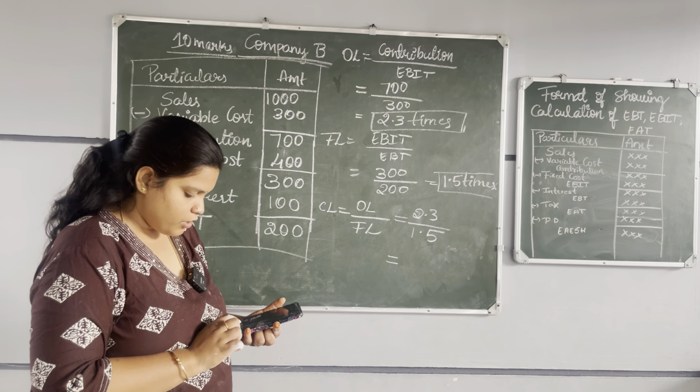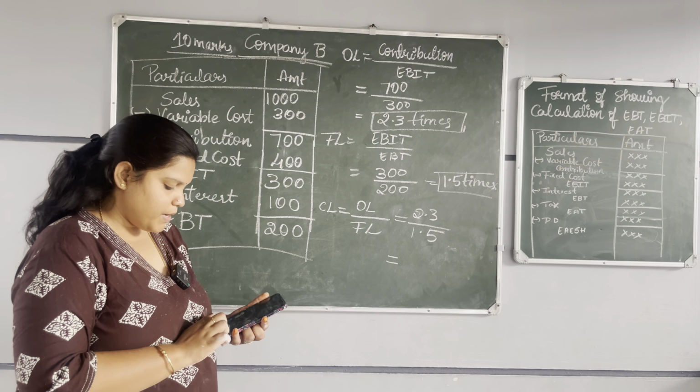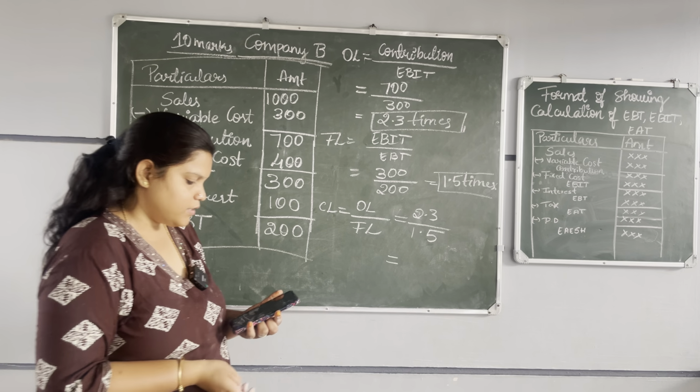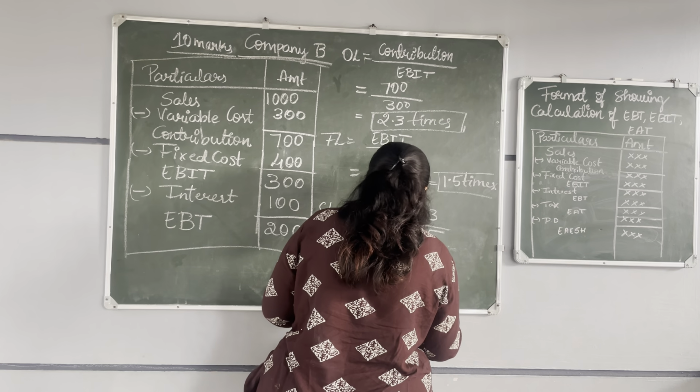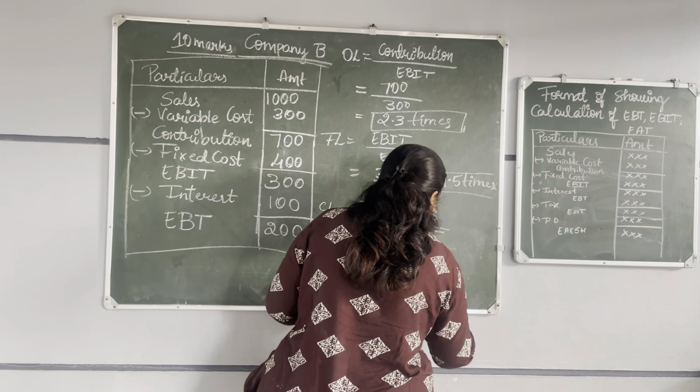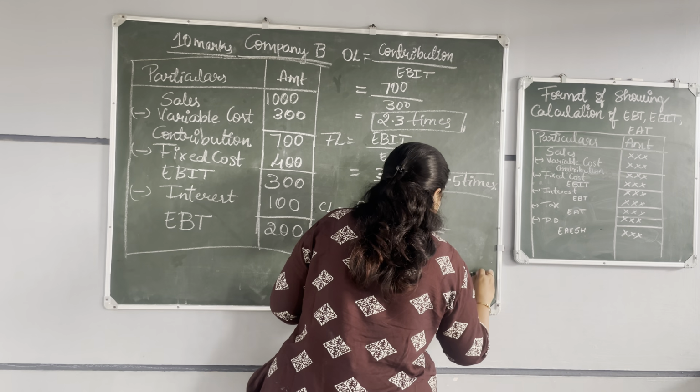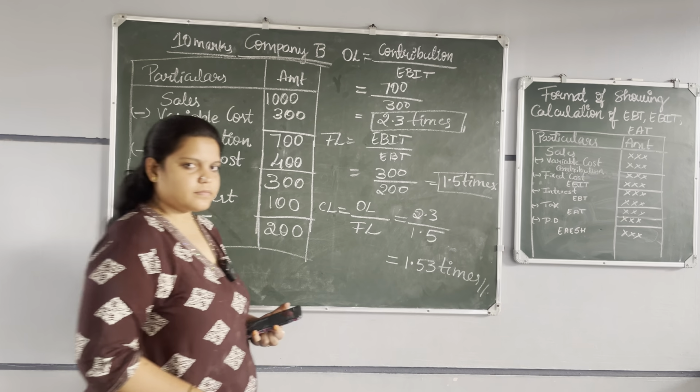Yes, 2.3 divided by 1.5. So I got 1.53 times.